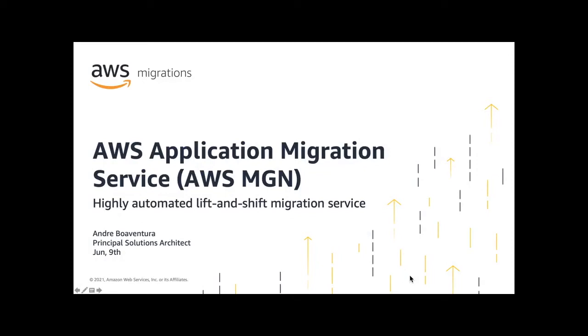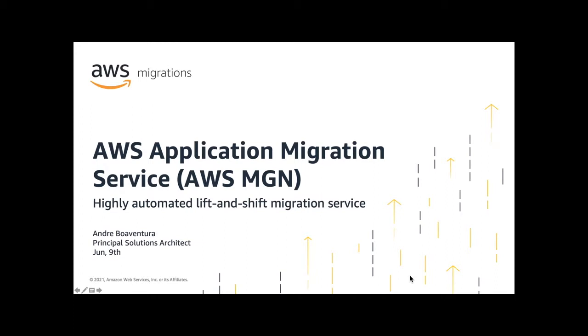Today I'm going to speak about a new AWS service that you have heard about, called the Application Migration Service, which we usually call AWS MGN, which is a brand new service. At the same time, it is not, because if you are familiar with Cloud Endure, this is a service that was built around all the foundation provided by Cloud Endure.